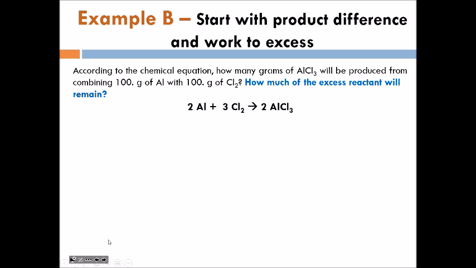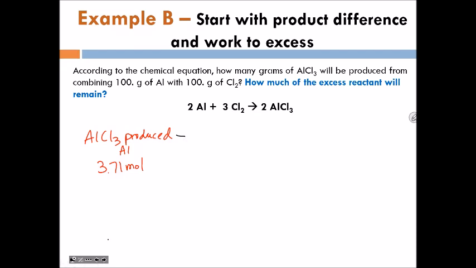So if you go back to option 1, we had the aluminum chloride. The aluminum chloride produced from the aluminum, that was 3.71 moles, right? If you look back at option 1, when we did the T-chart, we got 3.71 moles for the aluminum chloride produced.